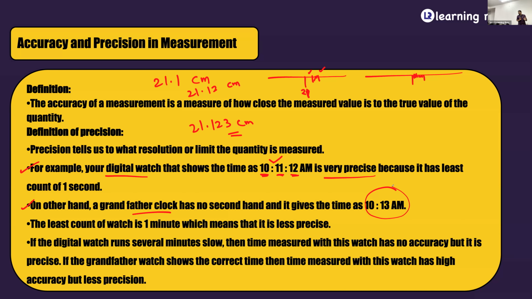I'm assuming that by now you have understood the meaning of precision. The least count of this device is 1 minute, which means it is less precise compared to this. So when you speak about precision, it's always comparative. That's what they have given there.